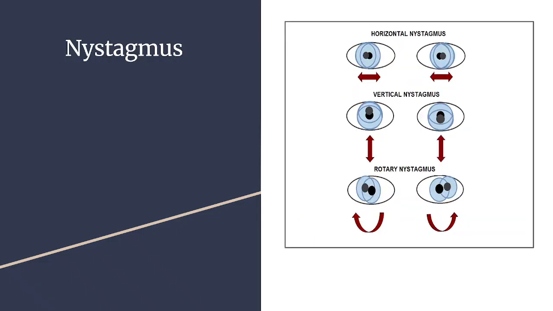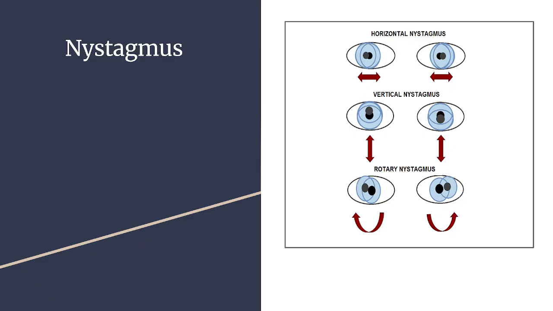Nystagmus, this term means to nod. This is a term applied to rapid involuntary oscillatory movement of the eyes independent of the normal eye movements. They are usually horizontal, but vertical, rotatory, or mixed movements may also be seen. The condition is almost always present in both eyes simultaneously.